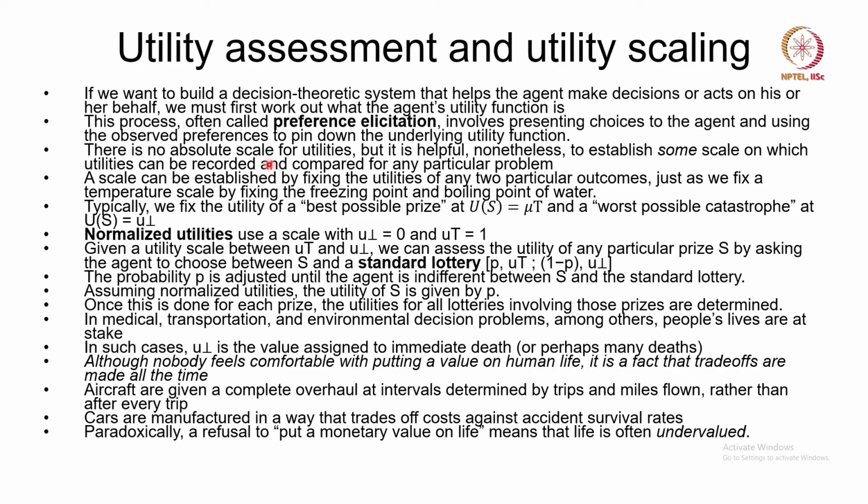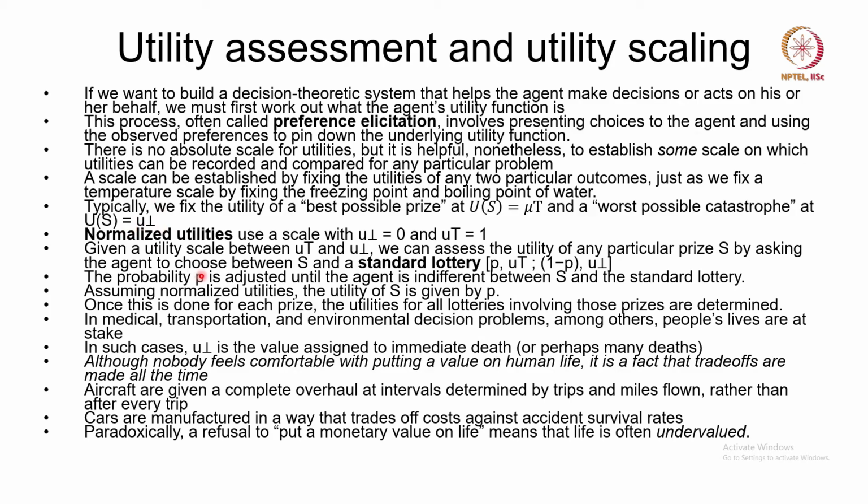So generally what is done is you need to have a scale for these utilities. What has been fixed is something between 0 and 1. Suppose we say that the utility of the best possible prize is u-top, and the worst possible is u-bottom.